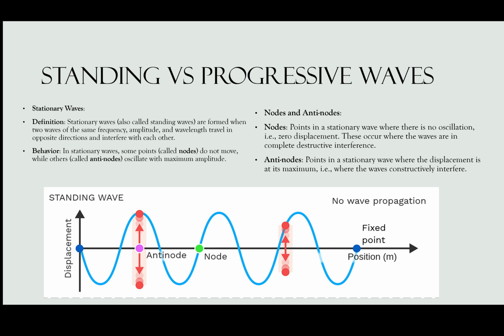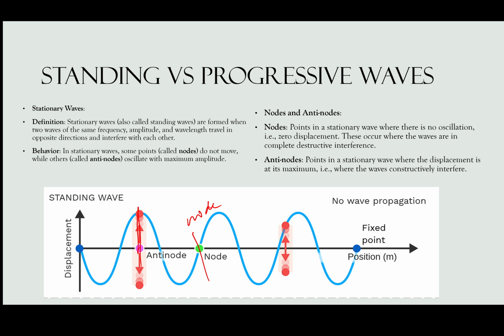And we reach two important terms, a node and an antinode. A node is a point in a standing wave where there's no oscillation. Basically, where it cuts the x-axis is what we call a node, and where displacement is maximum, we call that an antinode. That's just the difference.